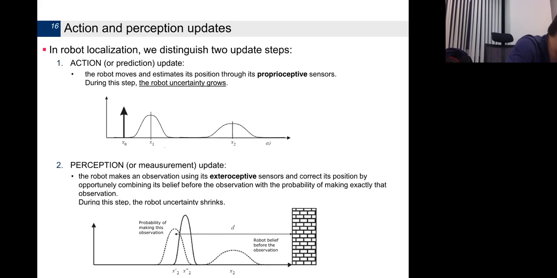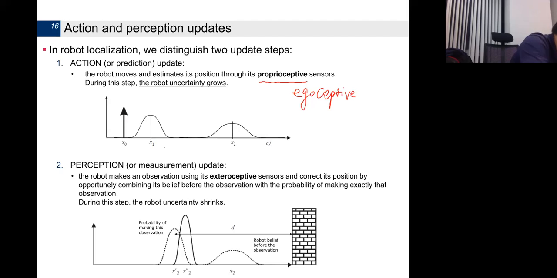So action update is to estimate its position through the proprioceptive sensors, and sometimes we also call that egoceptive. Egoceptive means ego, yourself, right? Egoceptive sensor.